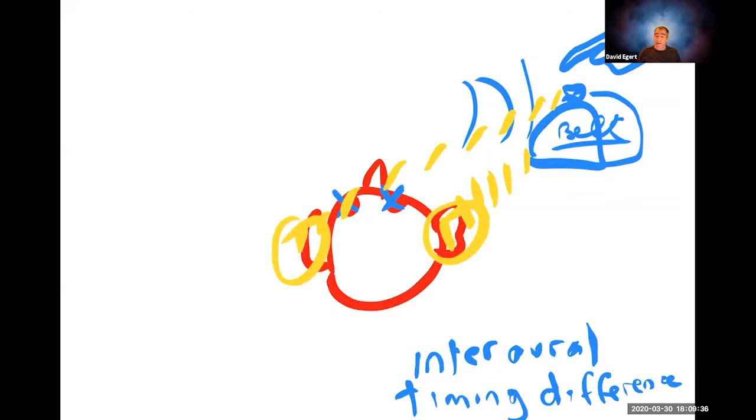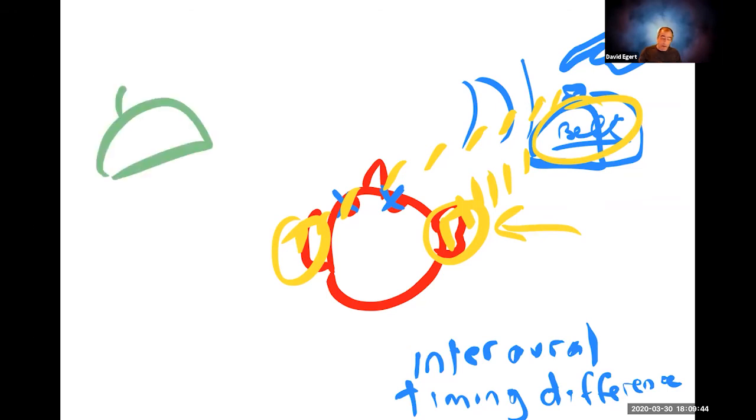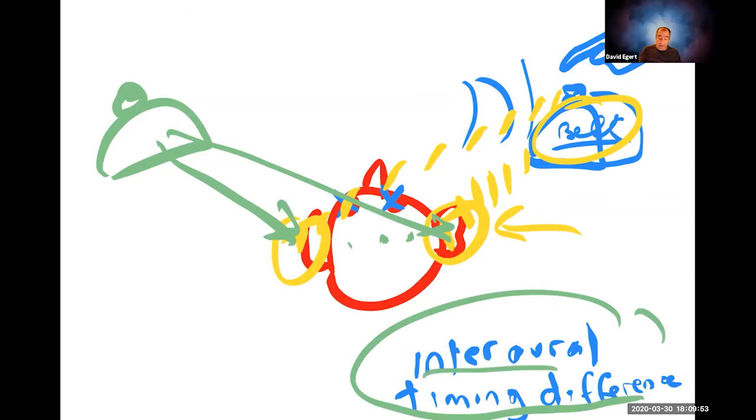So your brain can use that difference to know, oh, it must be on this side of my body because this ear heard it first. If I had a bell ringing on this side, it would get to this ear before this ear. So using this timing difference between the two ears, my brain would know, oh, this sound is coming from that side instead of from that side.